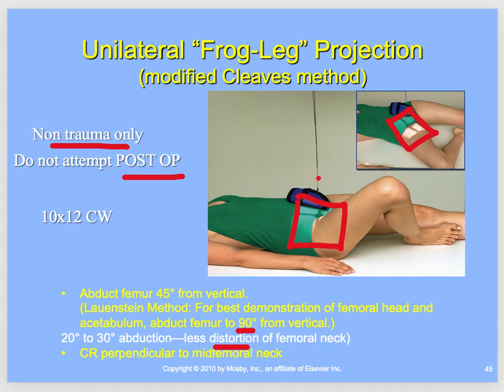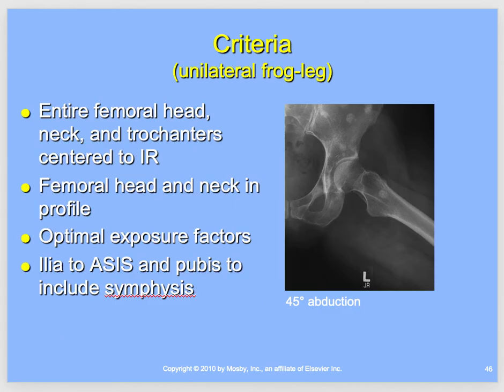Just kind of follow your text and then see what they do and then what the protocol is for your clinic site. So criteria: unilateral frog leg, you want to see the entire femoral head, which you do, the neck, the greater trochanter overlying the neck, the lesser trochanter in profile. You're picking up that pubic symphysis, you're not clipping it, and then you're right at that ASIS.